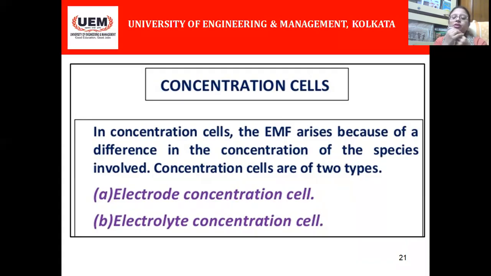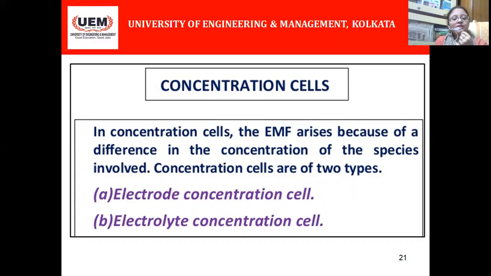So different electrodes and electrolytes you have used to construct a Daniell cell. But it may also happen you are taking the same electrode and same electrolyte, but you can construct a cell. Flow of electrons, thus flow of electricity, is also possible. How? By changing the concentration of one electrode or concentration of one electrolyte.